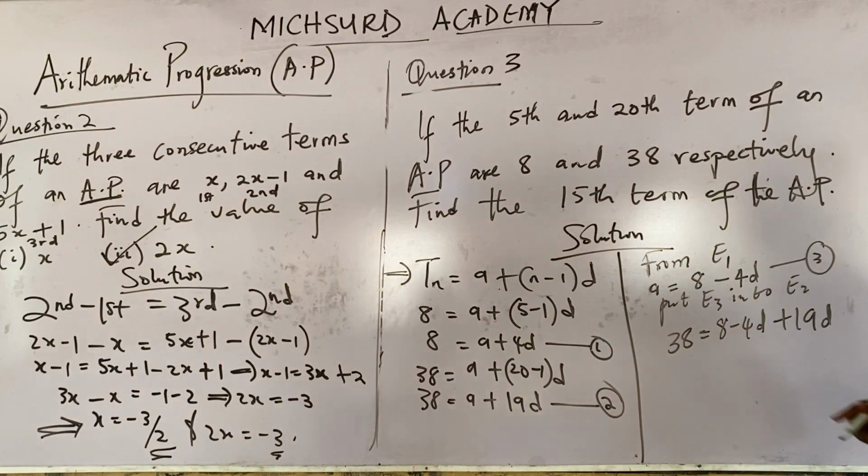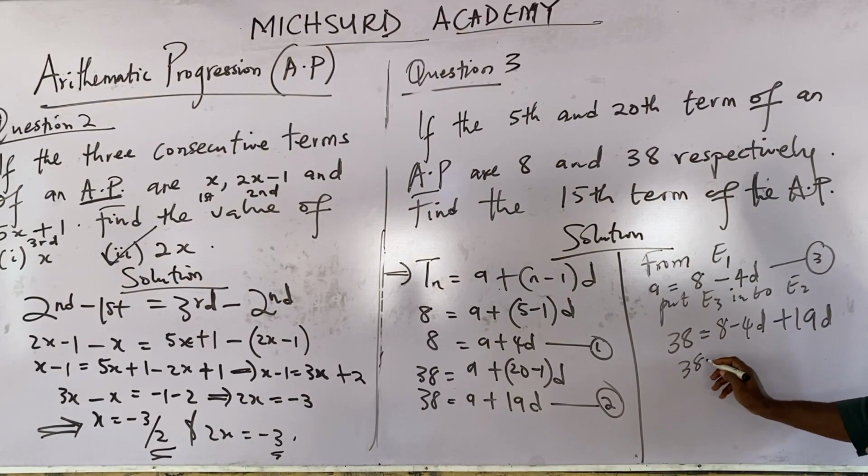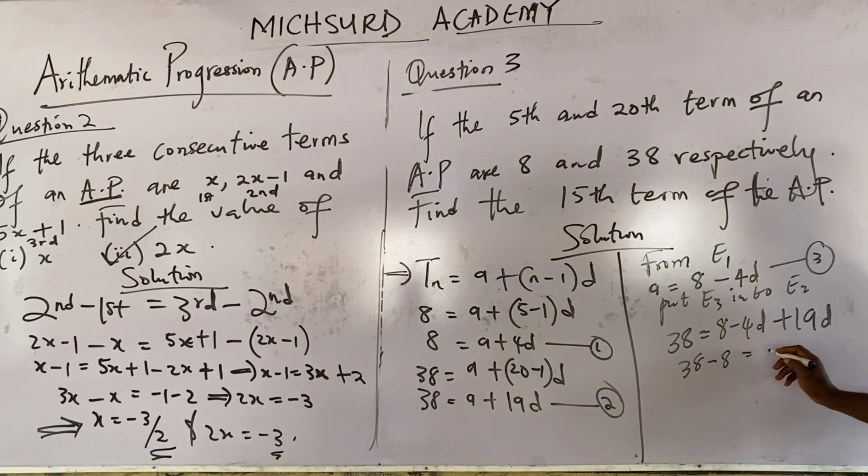If we solve this, minus 4d plus 19d will give us 15d. So 8 can cross over to this place. So we have 38 minus 8 is equal to 19d minus 4d.